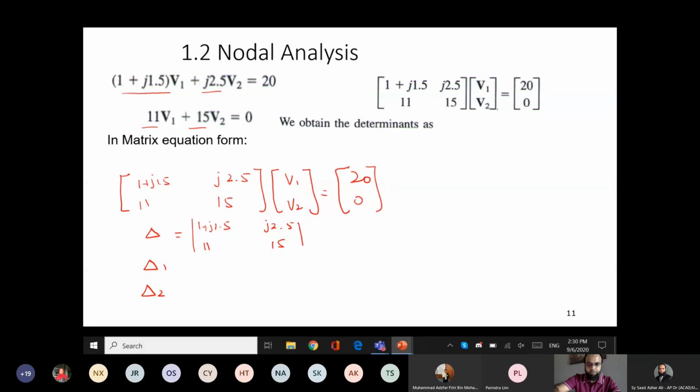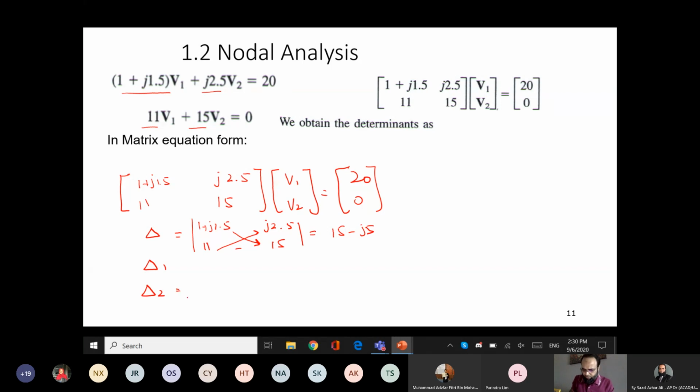It's like my system is becoming a bit slow. When we simplify the determinant, we use this times this minus this, so we get 15 minus j5.